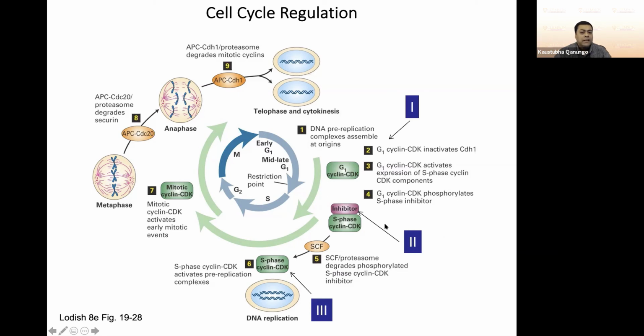Now remember that your S-phase cyclin-CDK is this complex. This is synthesized in this step, but it isn't allowed to go to the next step of the S phase due to this inhibitor. And SCF allows this inhibitor to get degraded so that it can go into the S phase to do the DNA replication. So it's synthesized in the previous step, but not activated until then.